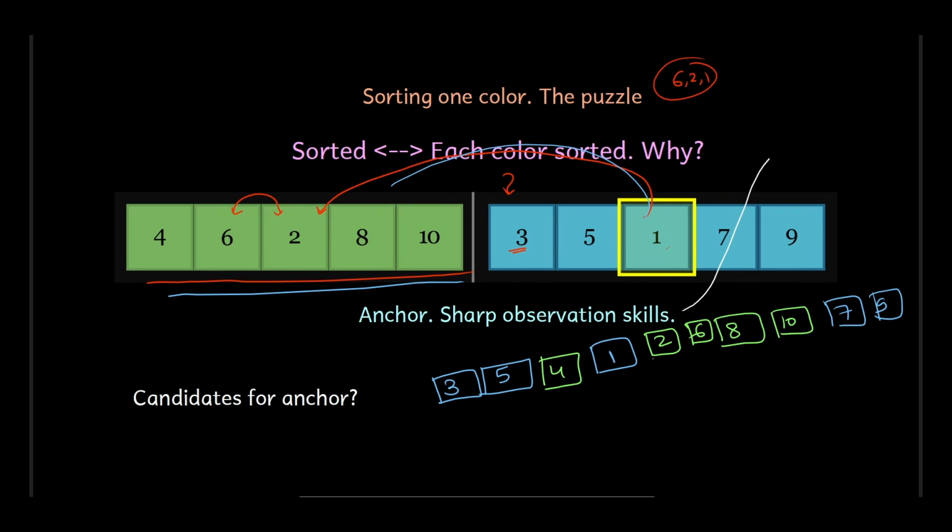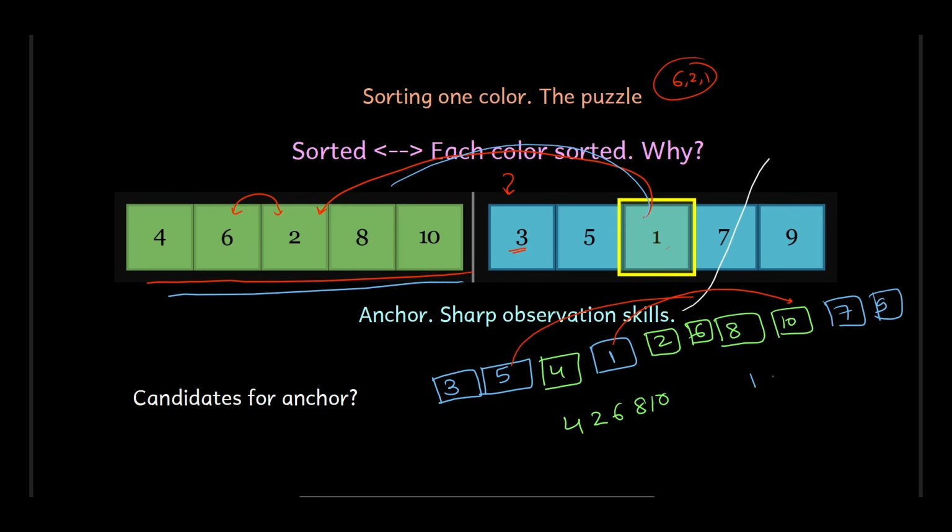And how can you do that? Same strategy. You send the anchor back to where it came from, and then you send these elements back to where they came from, and the final result would look like this. You will have 4 2 6 8 10, and then you'll send this anchor back first.